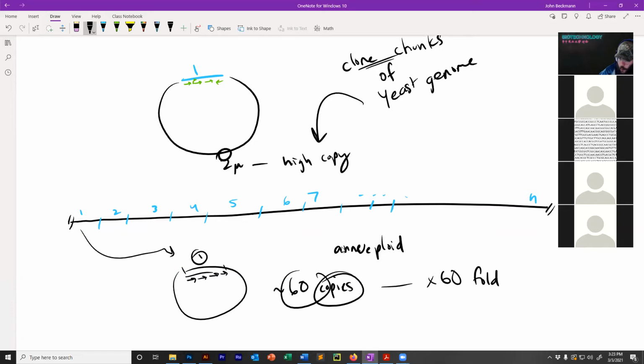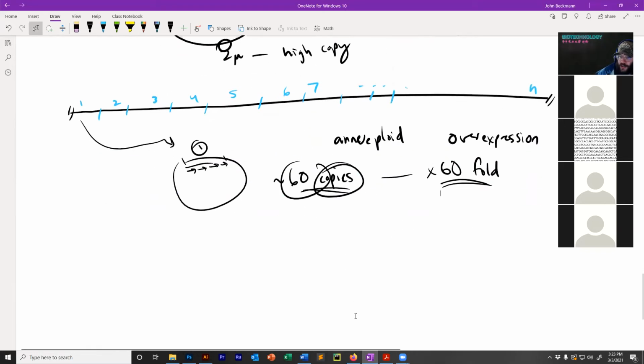They're going to be overexpressed. Even if you're not inducing expression, or engineering regulation of the promoters, they all have their own promoters, and just the fact that there's 60 more copies of them in that cell, they're going to be expressed at 60-fold higher rates. So this would be an overexpression library.